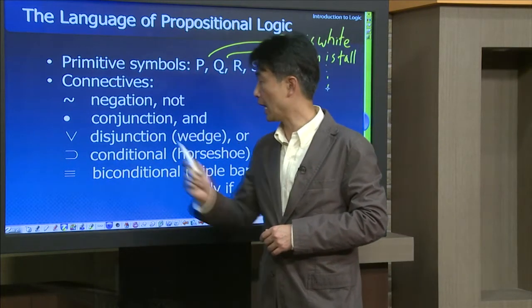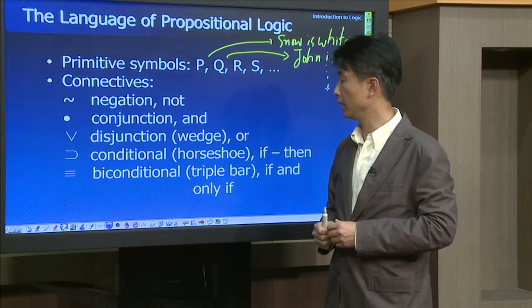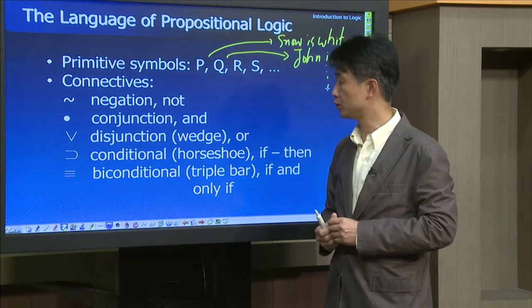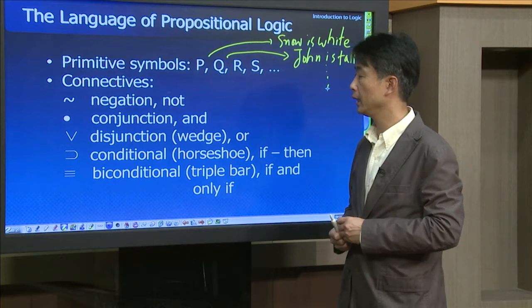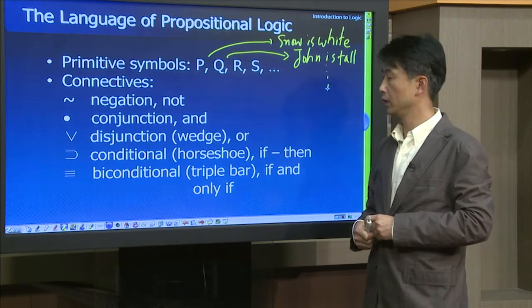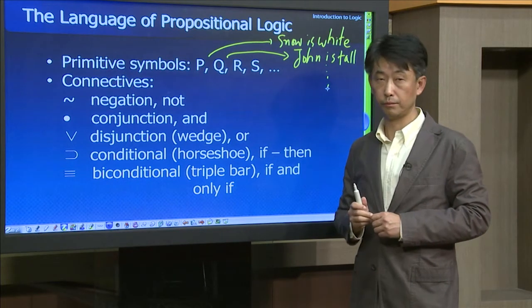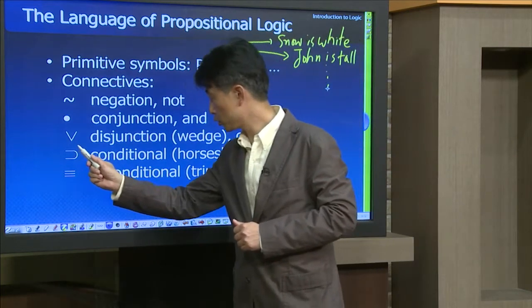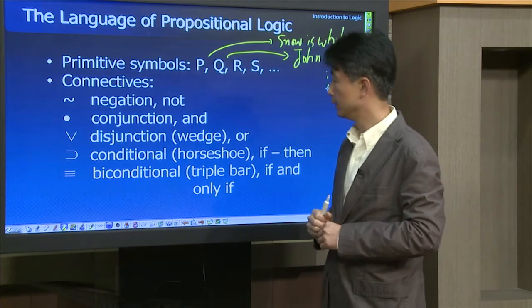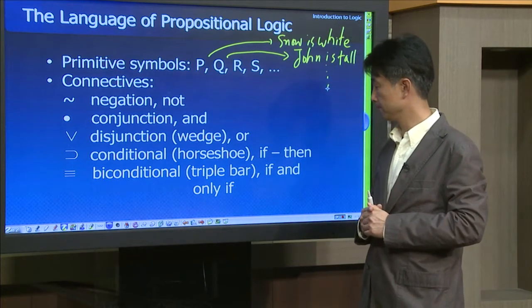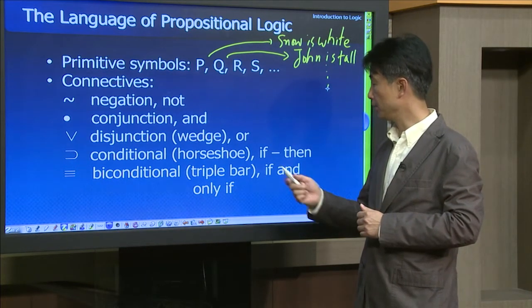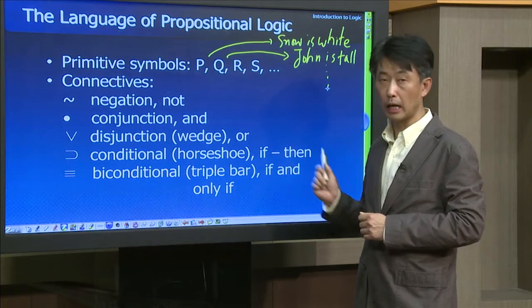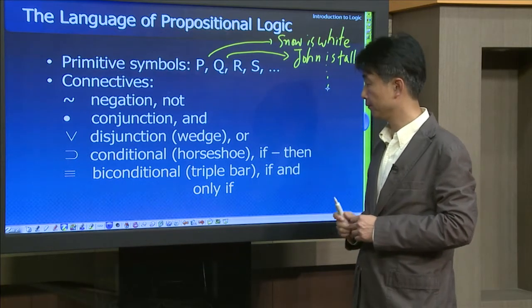The wedge sign is called disjunction, and it corresponds to or in English. This horseshoe sign is conditional, okay? And it symbolizes the hypothetical connective if-then.